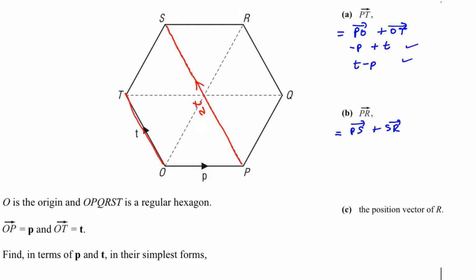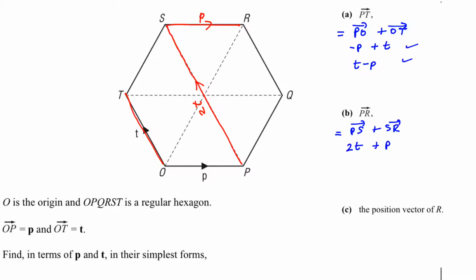And SR is parallel to OP here, so it is P. Now we are going to replace here PS is 2T and SR is P. So that's your answer.